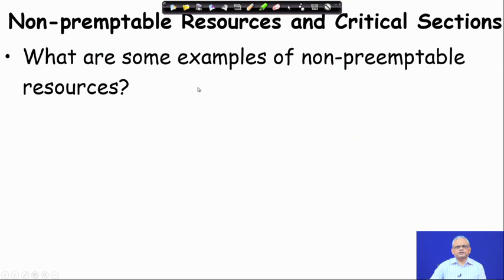Now, let me ask you this question: can you give some examples of non-preemptable resources normally discussed in a first level course? Many of you would possibly be able to answer this question. The examples of non-preemptable resources are many.